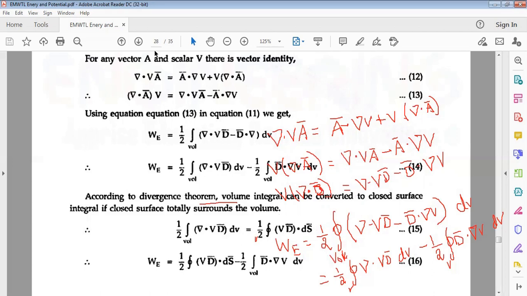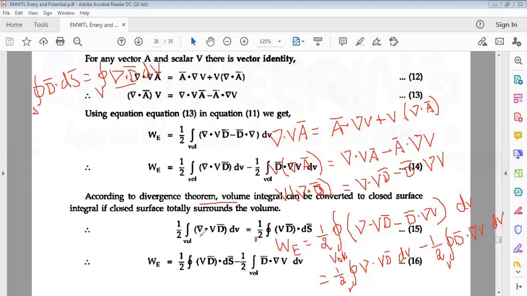Why? See, the integral d bar dot ds bar is Gauss law as a surface integral. We are converting this surface integral to a volume integral by taking d bar and del dot d bar into dv.